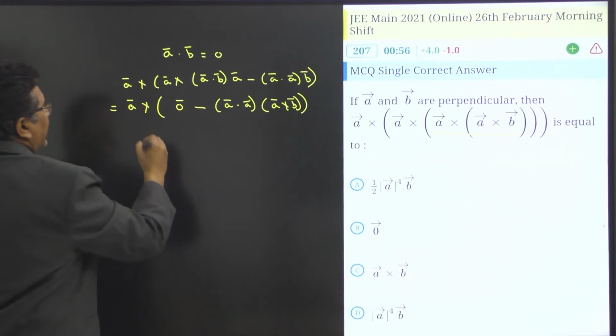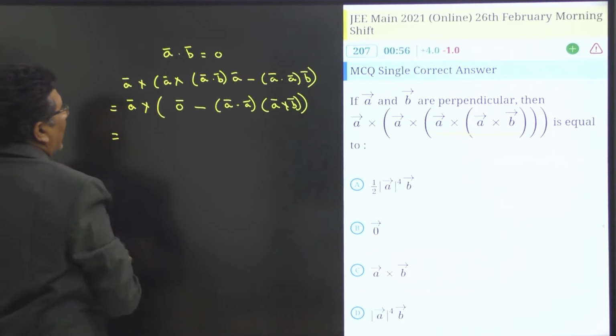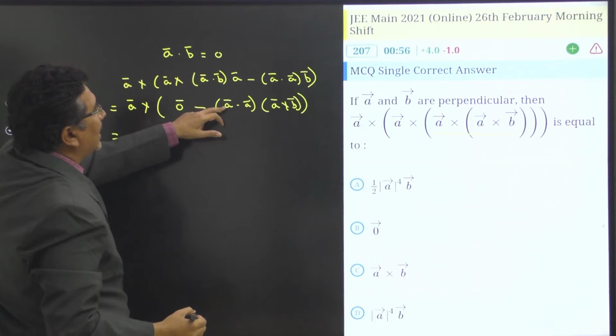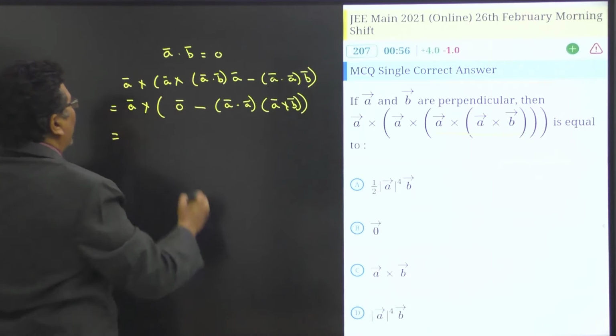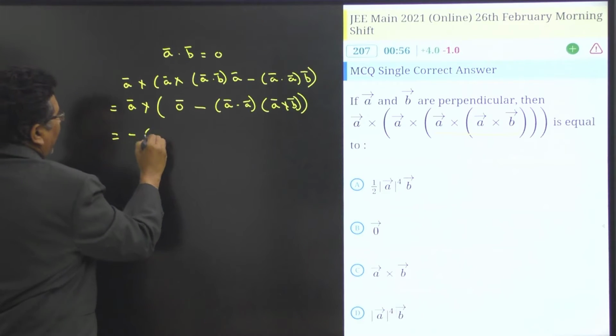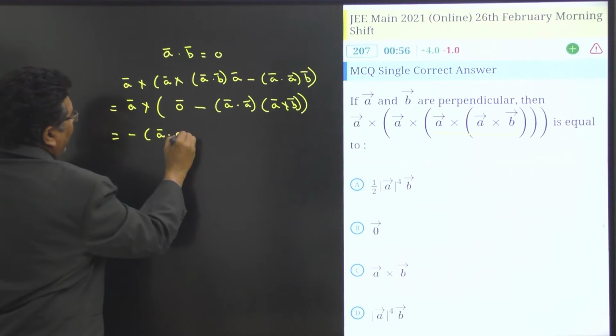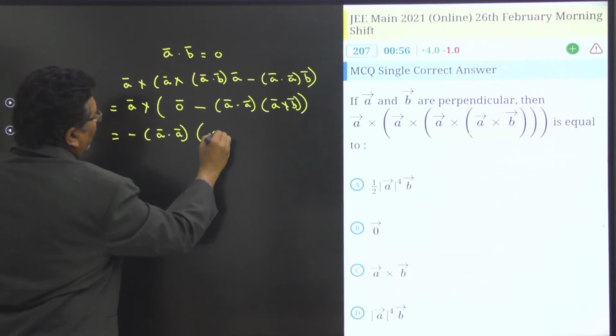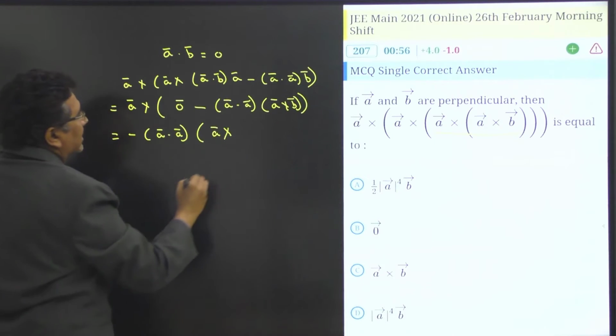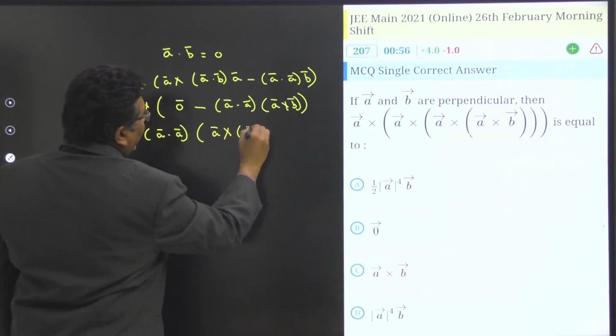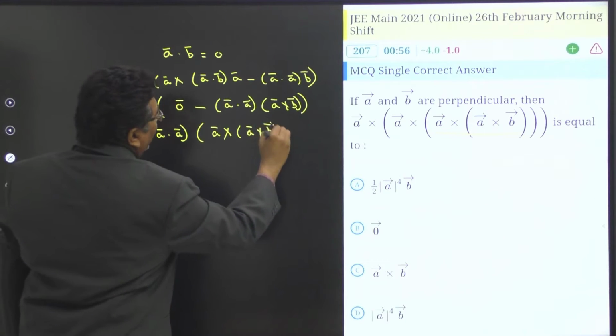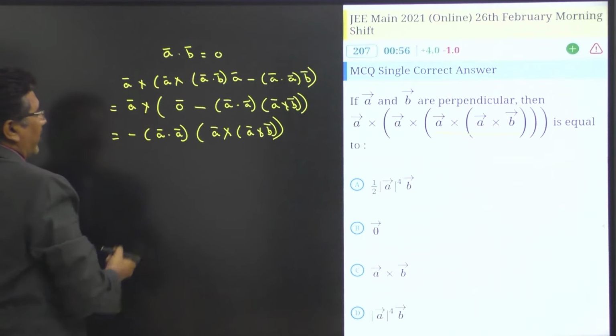That is equal to minus A bar dot A bar into A bar cross B bar.